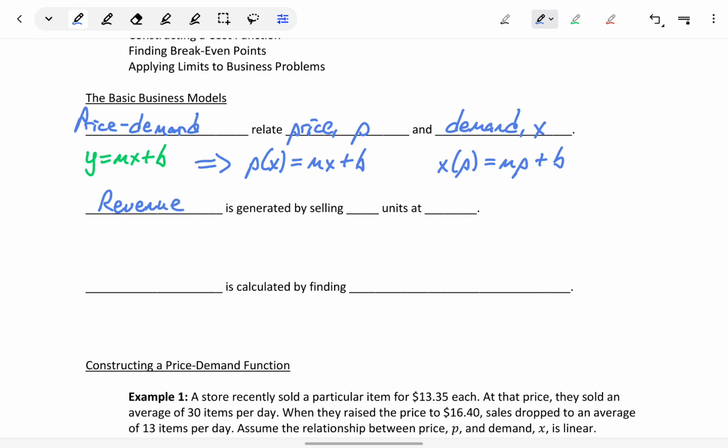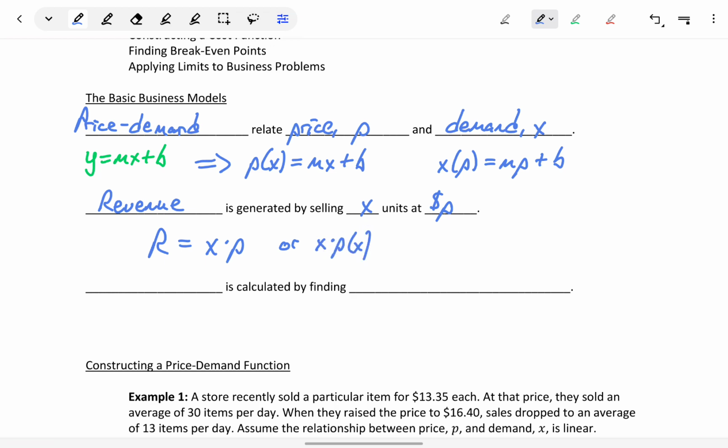We also have revenue functions. Revenue is generated by selling x units at a price point of lowercase p dollars. So revenue, R, can be calculated as x times p. But as we have expressed above, we'll have, for instance, price, p of x, as a function of x.